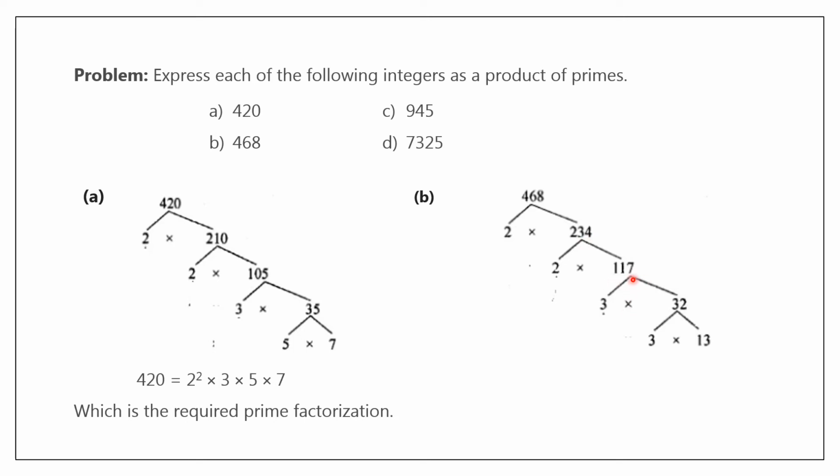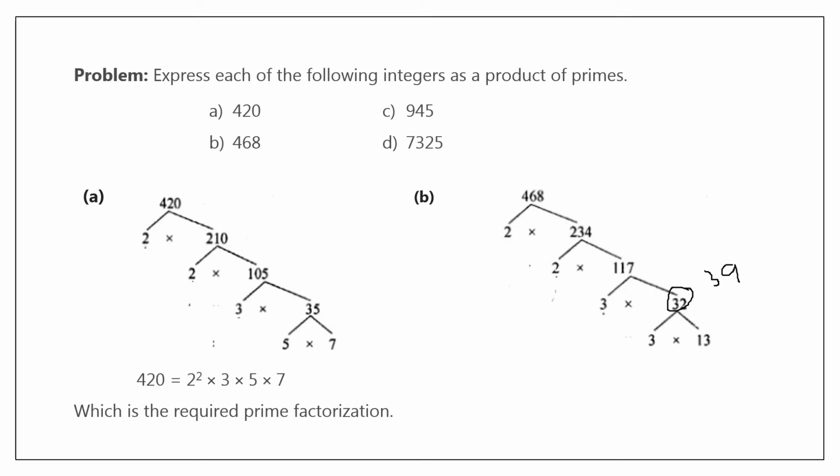Now 117 can be written as 3 into 39. There was some mistake. 3 into 39, 39 is 117. Therefore 39 can be written as 3 into 13.